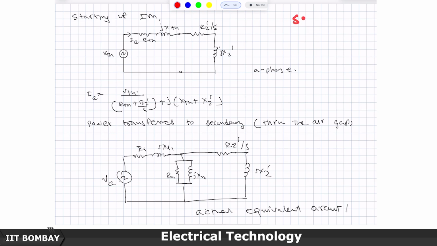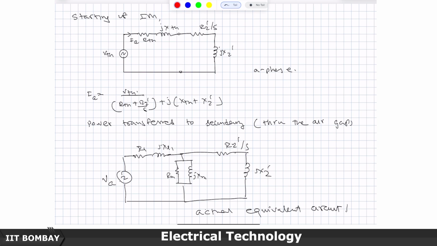So, as the induction machine goes from starting to no load operation, the slip variation is from 1 to 0, and since this comes in the denominator, if the slip is 0.1, R2 dash by S will be 10 times R2 dash, which is a significantly higher resistance near no load or at full load.